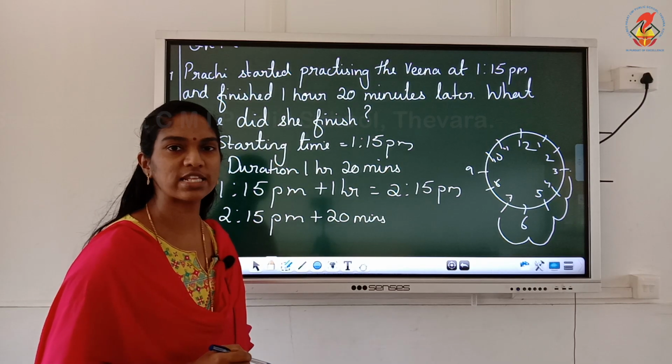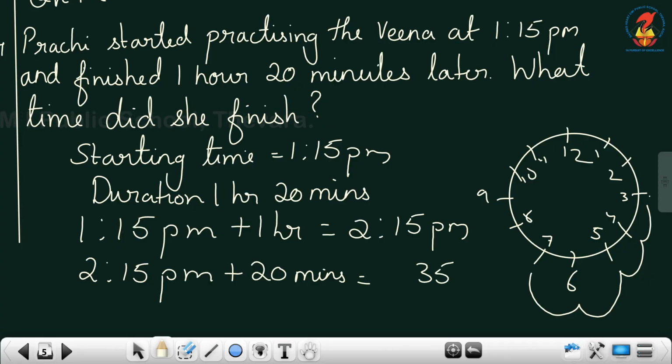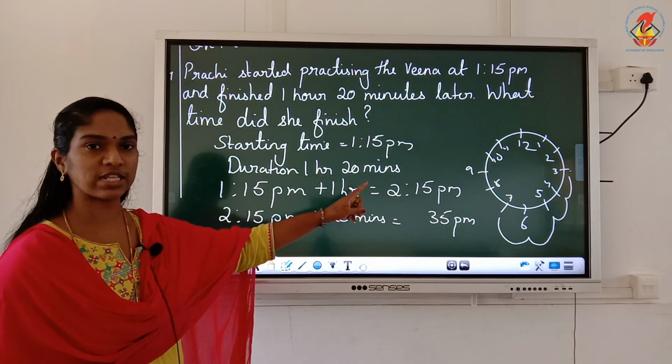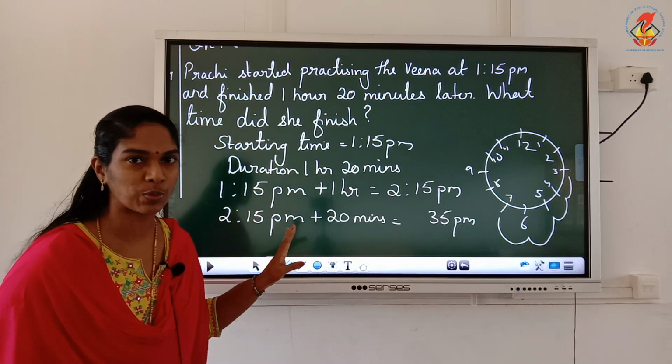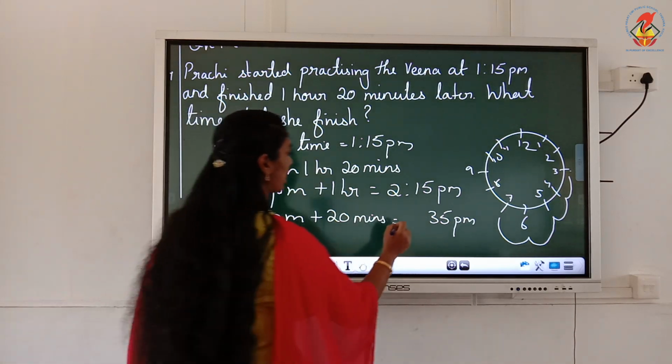At 7 how many minutes? 35 minutes. So first I will write the minute, 35 minutes. It's still p.m. Now what about the hour? It was 2:15, from there only 20 minutes. Your minute hand has not crossed 12 over here, so the hour will be same itself.